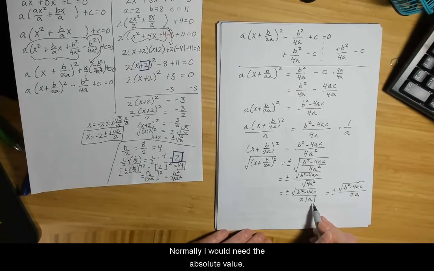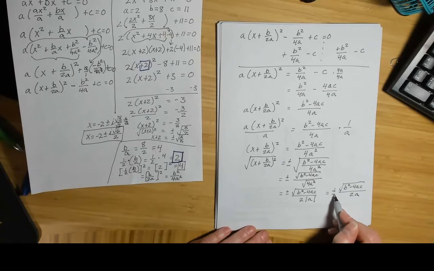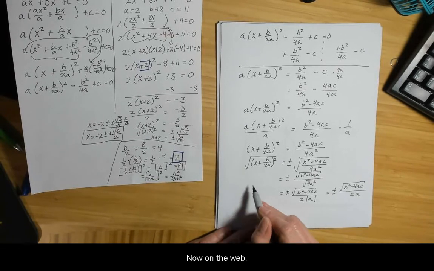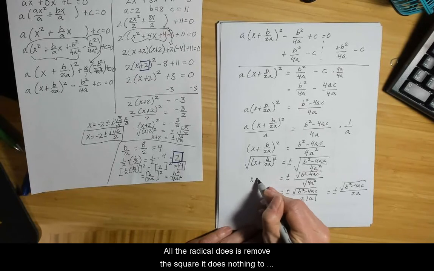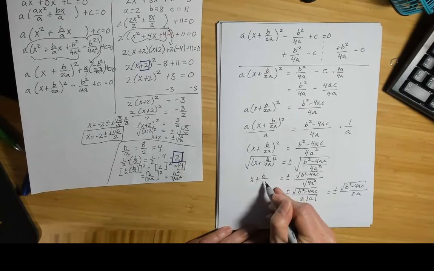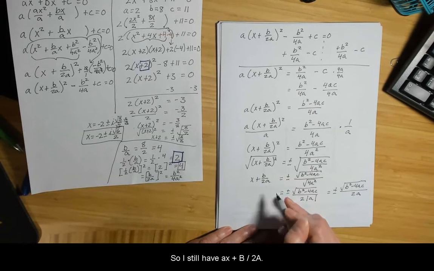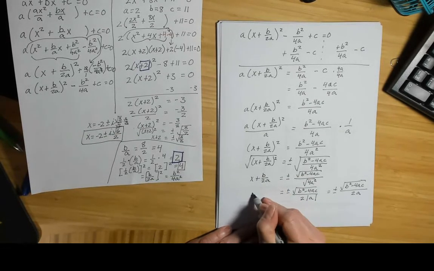Normally, I would need the absolute values, but the plus or minus gives me both anyway. Now, on the left, all the radical does is remove the square. It does nothing to what's underneath it. So I still have x plus b divided by 2a.